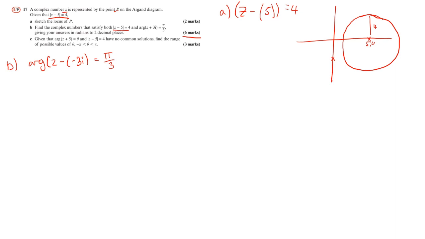Pi over 3, that's good, because that would be our arc, that angle, which doesn't make any sense. Arg of z plus 3. No. Not sure about that. It's similar to the last one that I got stuck on, so maybe I'm missing something with these type of questions.